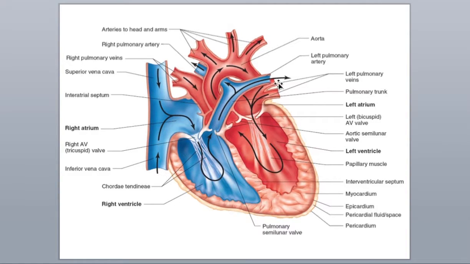So now it's going to return to the heart through the pulmonary veins, go into the left atria, go through the other valve, the bicuspid valve, into the left ventricle. Now, the left ventricle is sometimes known as the fuel injector of the body. So this is going to be the last place that it's going to be in the heart before it basically gets ejected to the rest of the body.